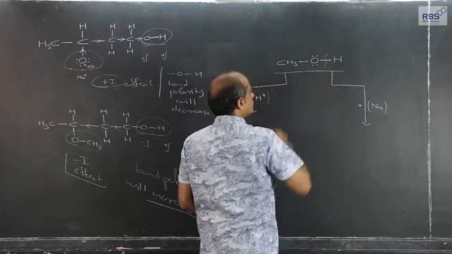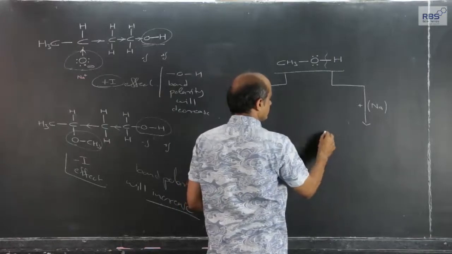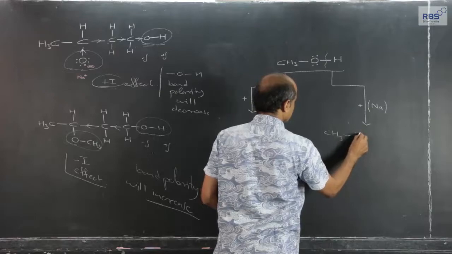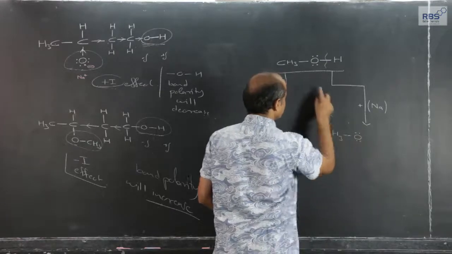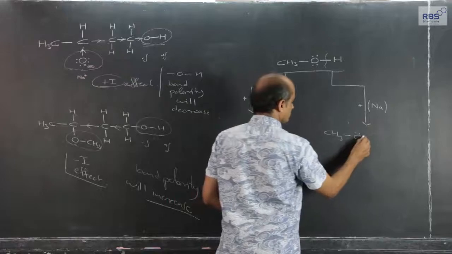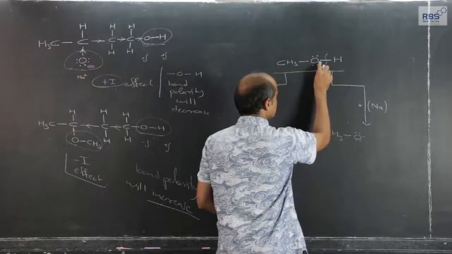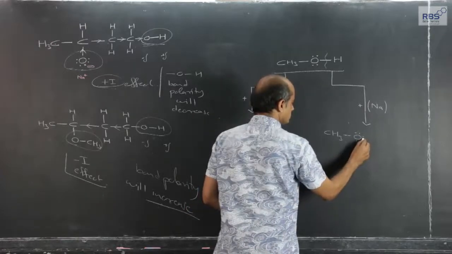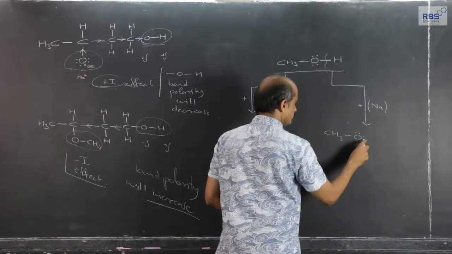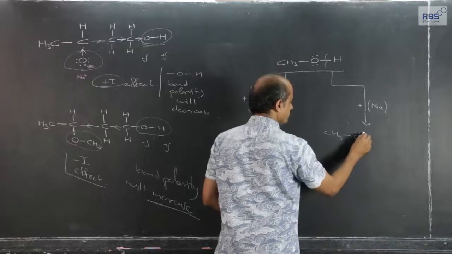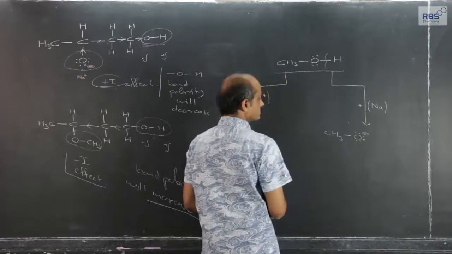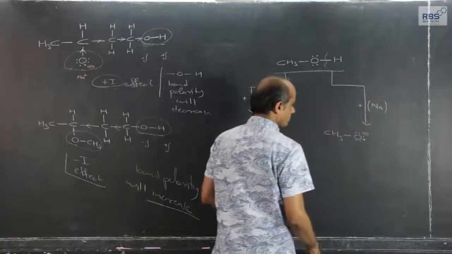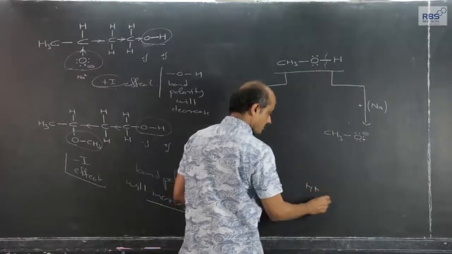heterolytic breaking of this OH bond takes place, and what we get is this. These are the two routine lone pairs. Heterolytic breaking, electron of oxygen remains with oxygen, electron of hydrogen also remains with oxygen. Electron of hydrogen, let me show by this sign, and therefore this carries a negative charge. And the hydrogen which comes out in the form of H plus ions, this I have already explained.